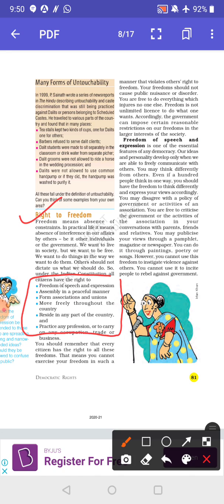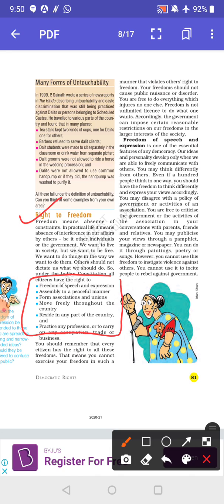Now you should remember one thing, that every citizen has a right to follow these freedoms, but this does not mean that you exercise your freedom in such a manner that it violates the rights or freedom of other people. Your freedoms should not cause public nuisance or disorder, and you are free to do everything which does not hurt others.